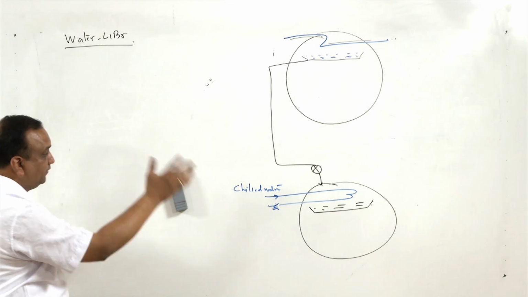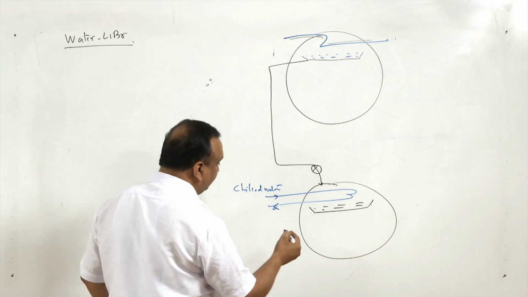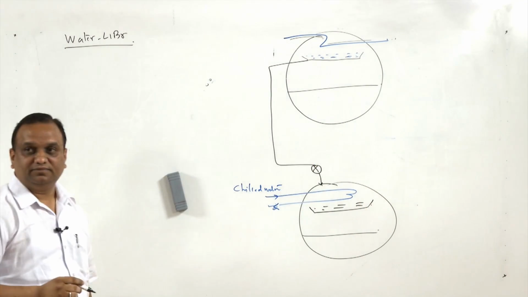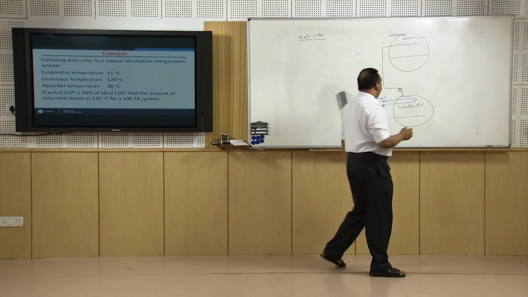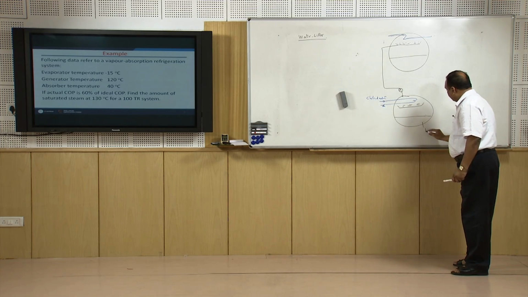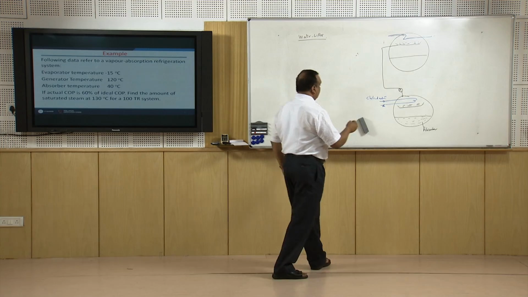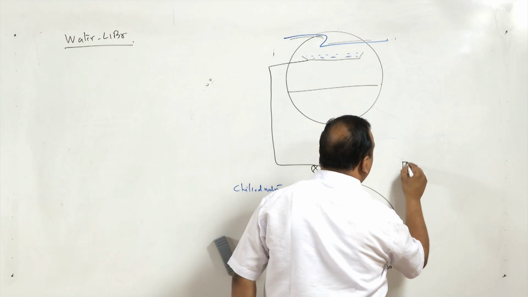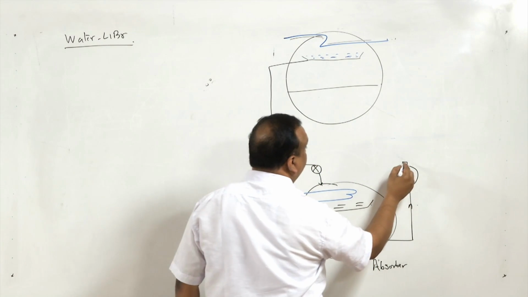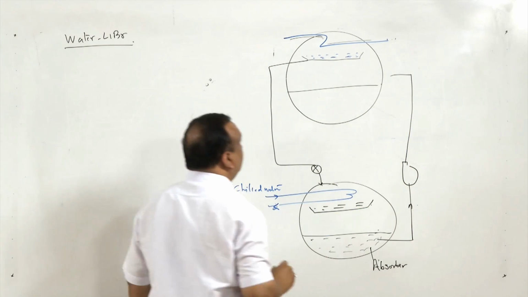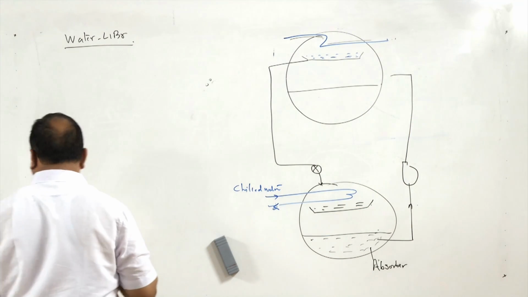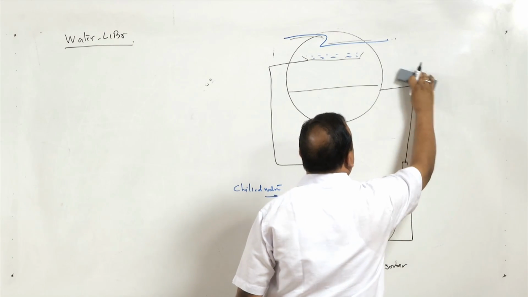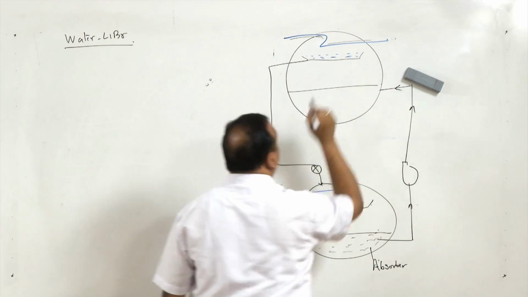Now again this part is absorber. Absorber and generator, there are 2 things. Now water gets absorbed in the absorber. From the absorber there is a pump, and this rich solution is pumped to the high pressure side, where heating takes place.